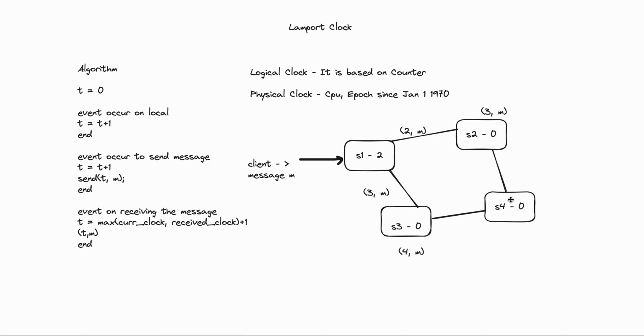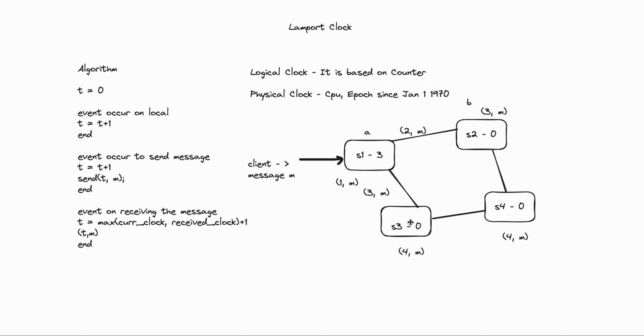Now this one sends the message here, and it is stored as 4 comma m. We see that multiple events happened in this distributed system architecture. Event A happened here, then event B happened here, when it sends a message and persists the message. For example, here it is persisted as 1 comma m, and the clock becomes S1 equals 3.